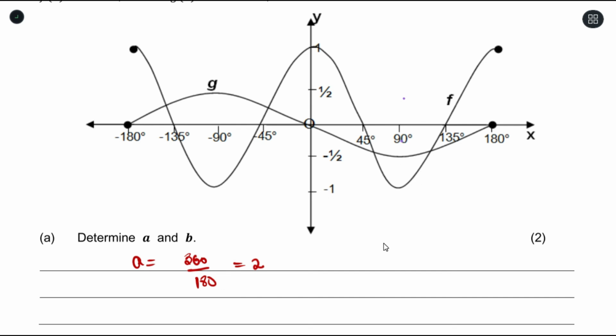So the highest point is a half minus the lowest point, which is -2, divided by 2, which is 1 over 2, right? So your b would be 1 over 2, but this graph is the reflection across the x-axis of the original sin x graph. So for that reason, it will have a negative. So our answer is negative half.